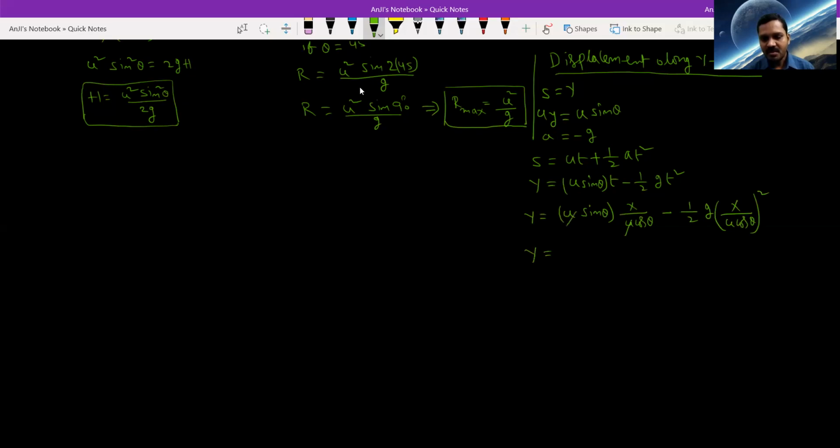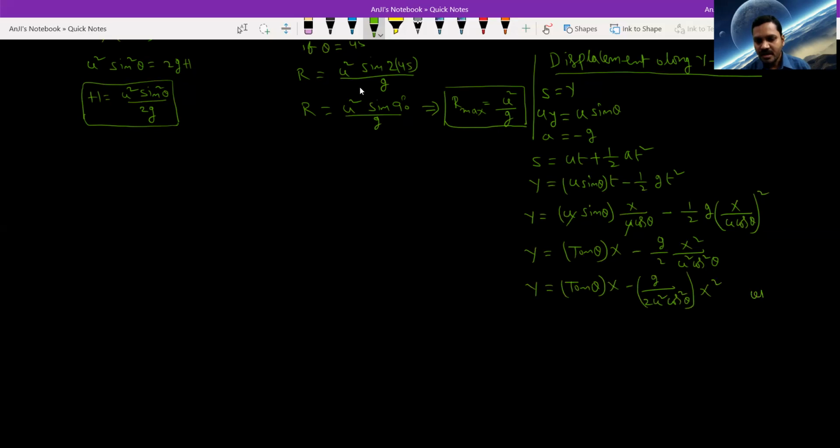Then y is equal to sin by cos, tan theta into x, minus g by 2 into, after squaring, x square by u square cos square theta. Therefore, y is equal to tan theta into x minus g divided by 2u square cos square theta into x square.